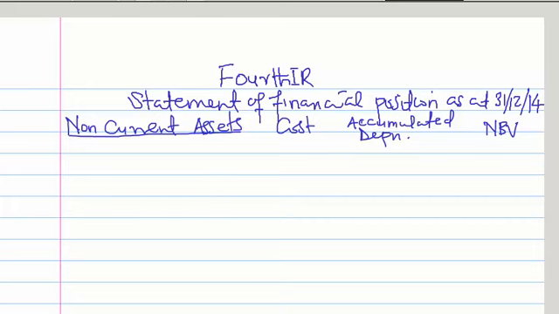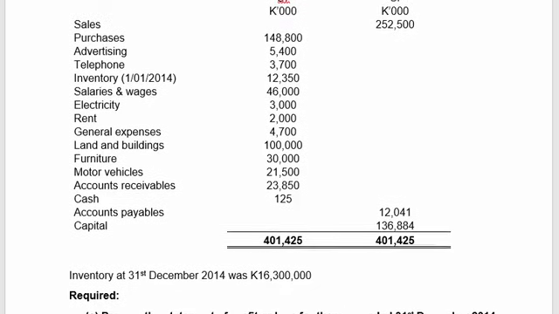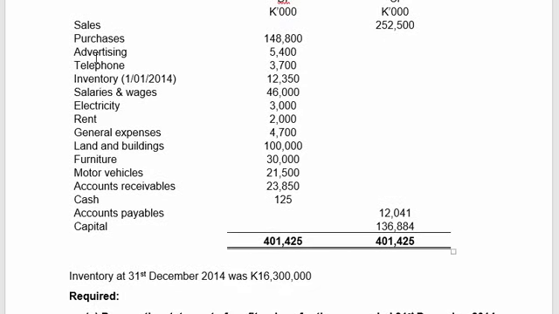When you go to the question, as you scroll down, look for any non-current assets that you could have. I think we have land and buildings. Is that correct? Okay, we have land and buildings at 100 million kwacha.